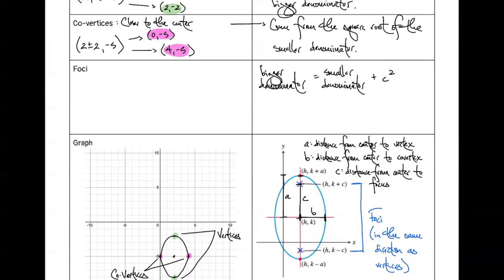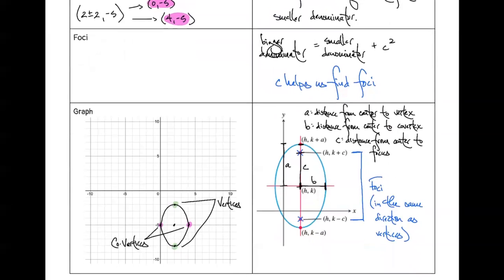I'm saying that the smaller denominator, B squared, plus C squared, because it's a right triangle, will give me A squared. And C helps us find the foci.